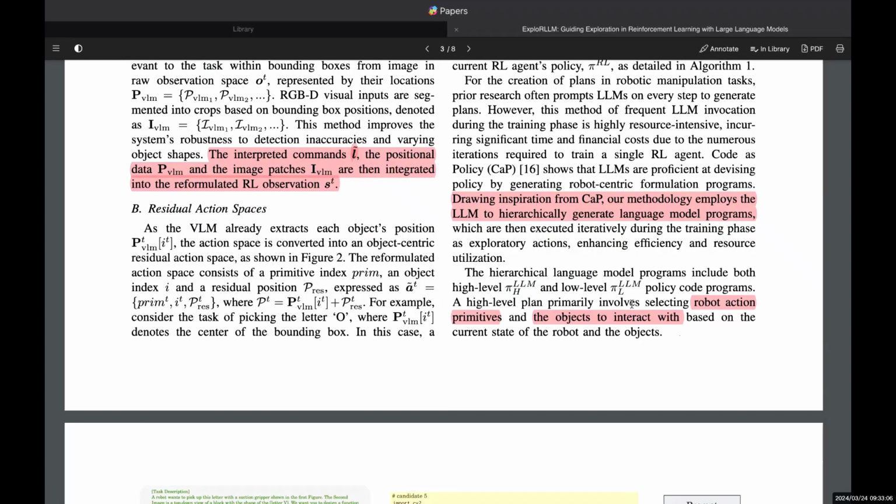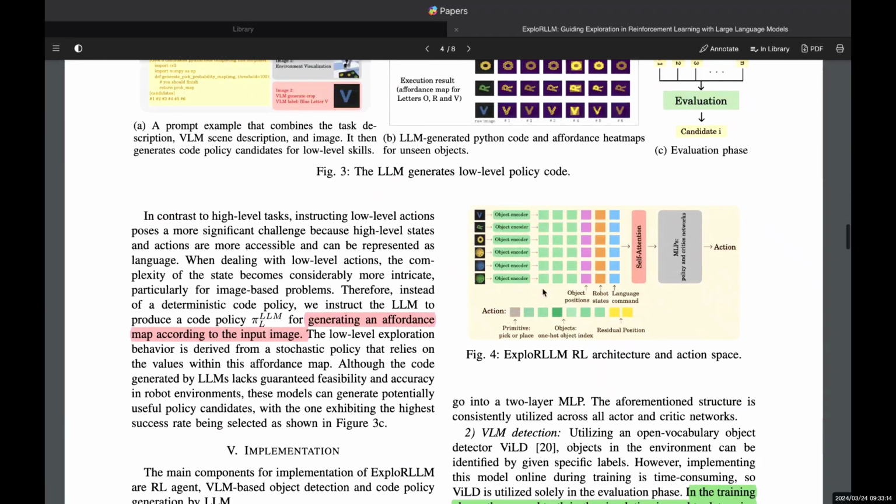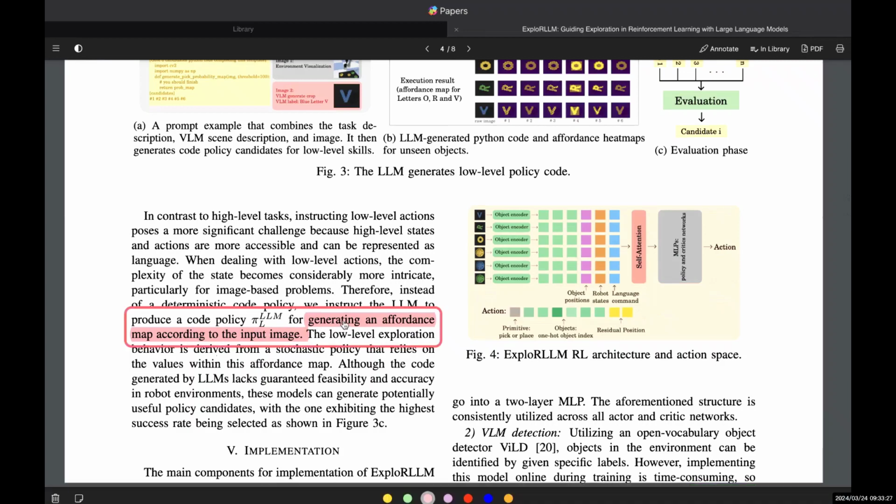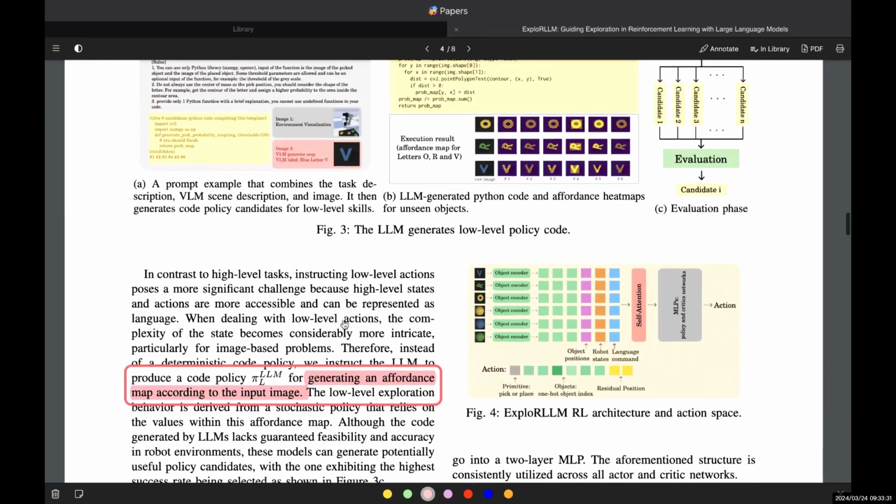The high-level plan outputs the robot action primitives as well as the objects to interact with. In the low-level task, they instruct the large language model to produce a code policy to generate an affordance map according to the input image.